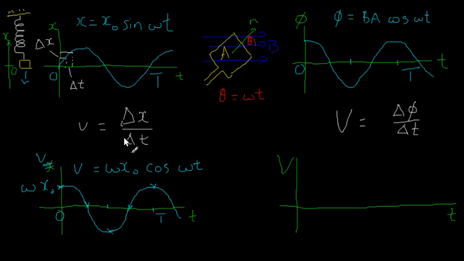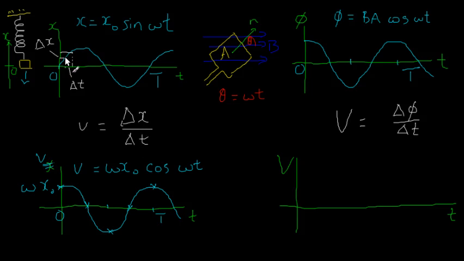Because velocity is related to the change in displacement over time taken, the gradient of the displacement time graph is the velocity, because this ratio is basically the gradient if the time is short.